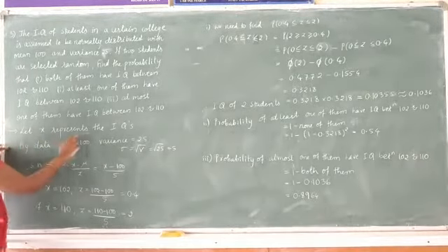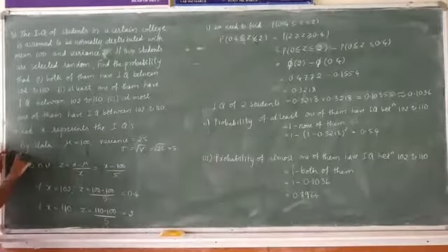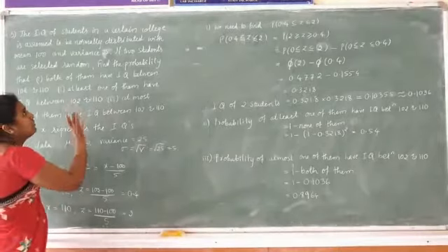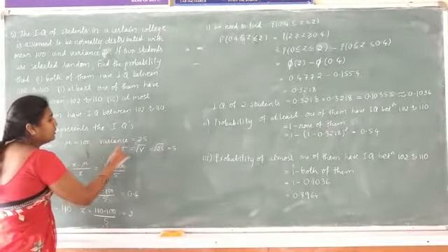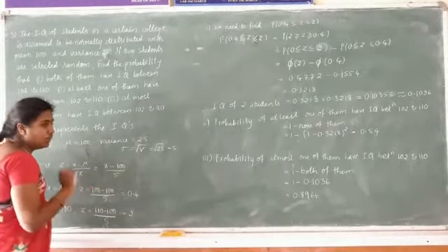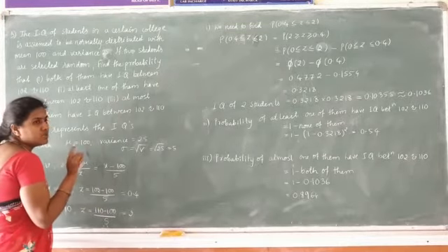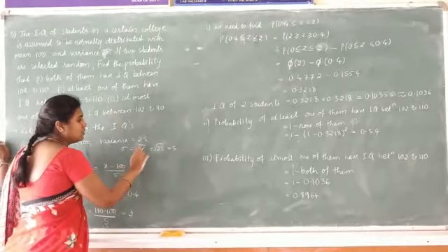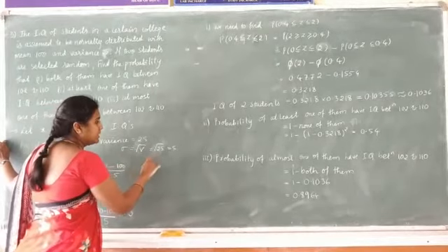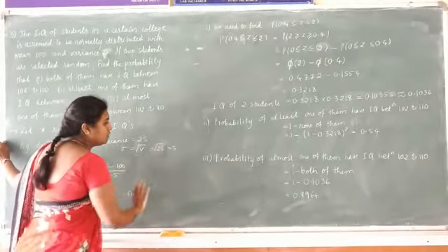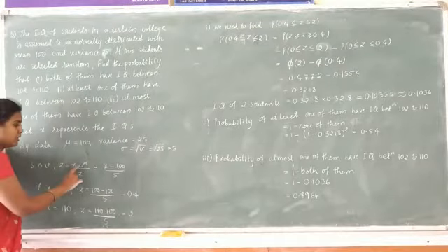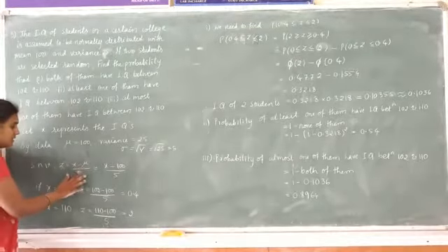Let X represent the IQs of the data. Here we have mu equals 100. Mean they have given 100, and they have given variance equals 25. But we need the standard deviation. Therefore, we know that standard deviation is equal to the square root of variance. That is square root of 25, which is equal to 5. Consider the standard normal variate Z equals x minus mu upon sigma.